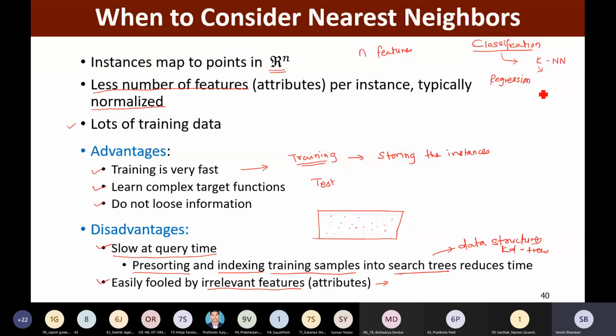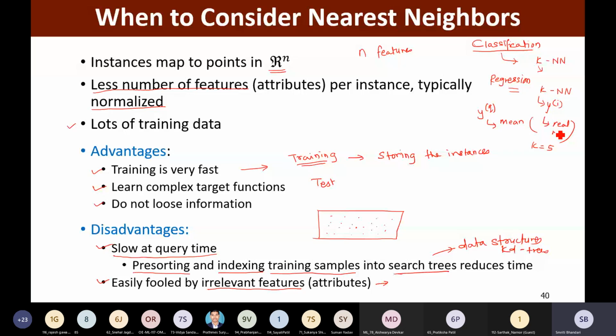In regression, if I have identified K nearest neighbors, then the Y value for these K nearest neighbors is obviously a real number. So in regression, the Yq value is predicted as the mean of all those real numbers.